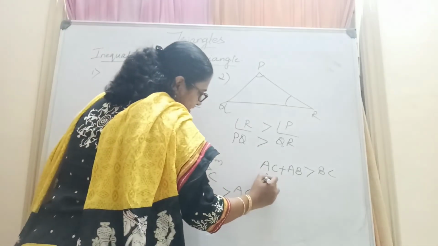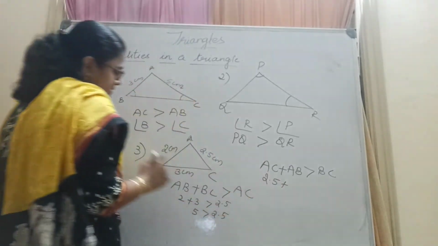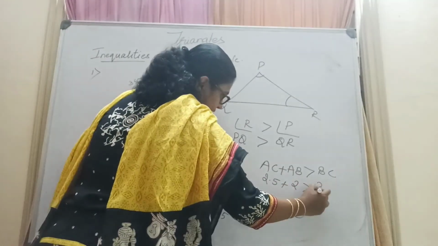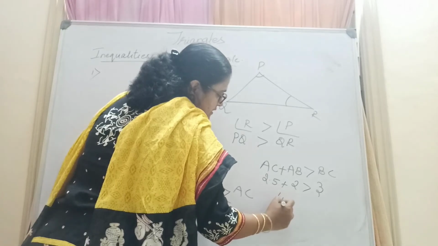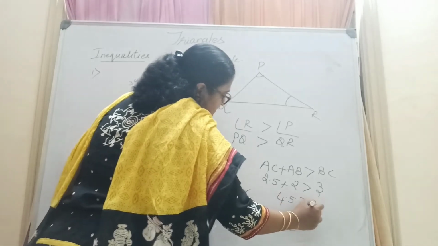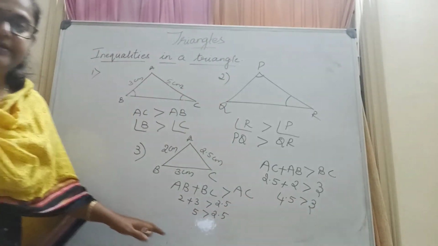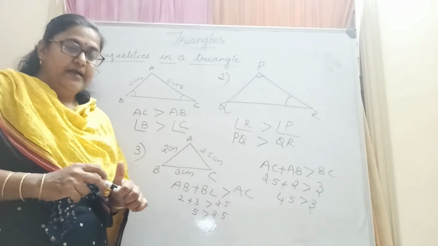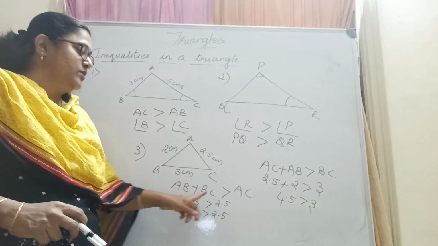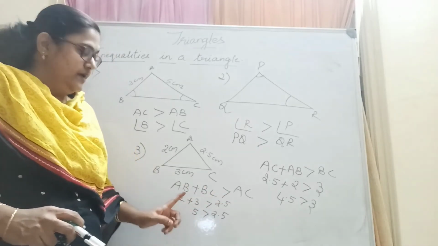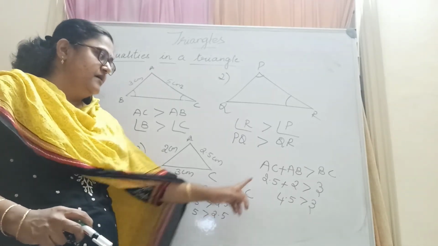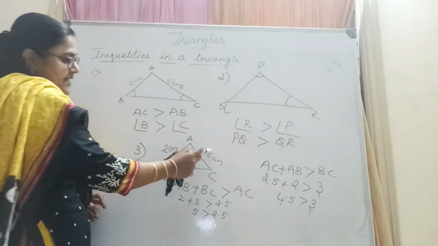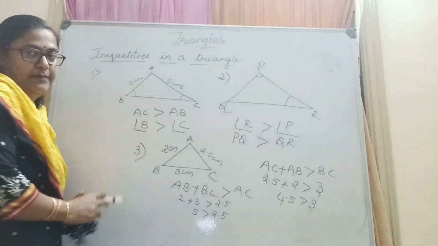Now how much is your AC? 2.5 plus your AB is 2, greater than 3. 2.5 plus 2 is 4.5, that is greater than 3. So from this it is clear that when you add two sides of a triangle, the measurement will be greater than the third side. AB plus BC is greater than AC. AC plus AB is greater than BC. You can even say that AC plus BC is greater than AB.